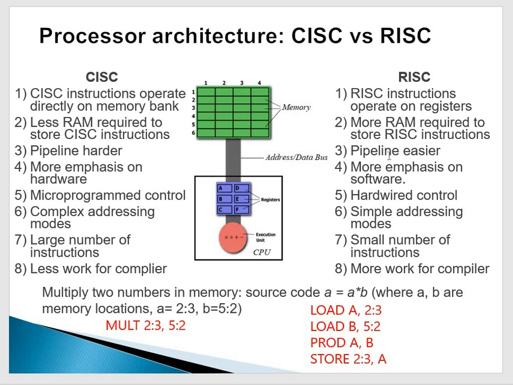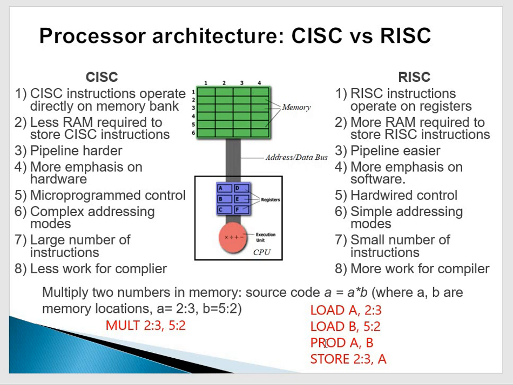Okay, so pipelining for RISC is easy because we can see what the role of load A 2 3 is. It will only load the data of address 2 3. During the execution of this instruction, it will only read the data from the external memory. So it will do what? Fetching and memory read only. The next will again do fetching and memory read.